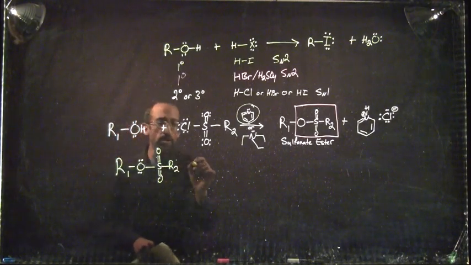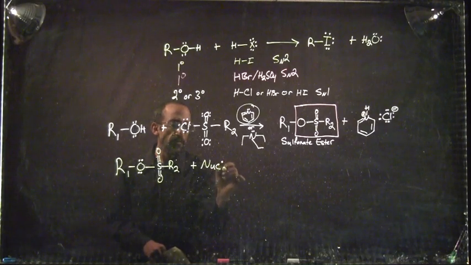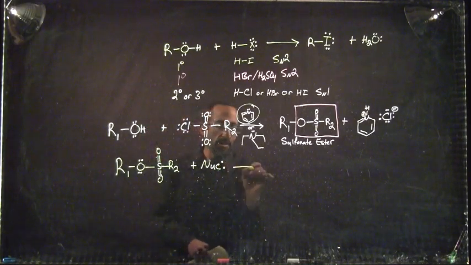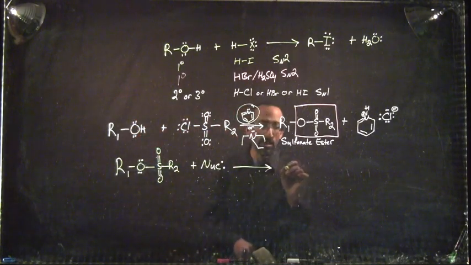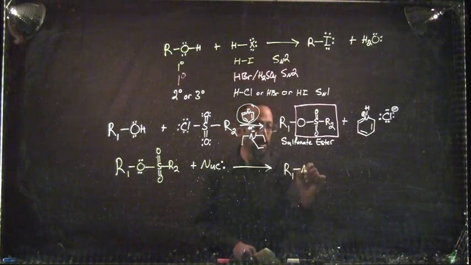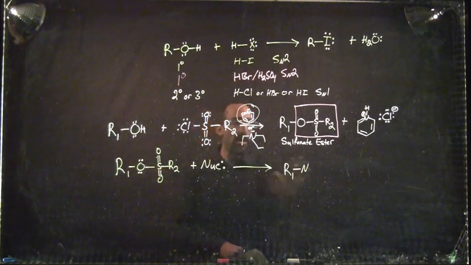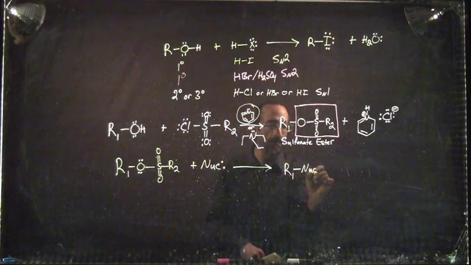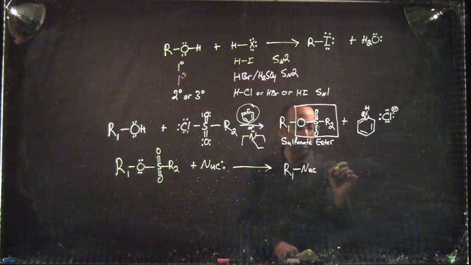We have some sort of nucleophile, and we can now convert this to our substitution product, where now the R group, the alkyl group that came from our alcohol, is bonded to our nucleophile, and our sulfonate ester falls off.